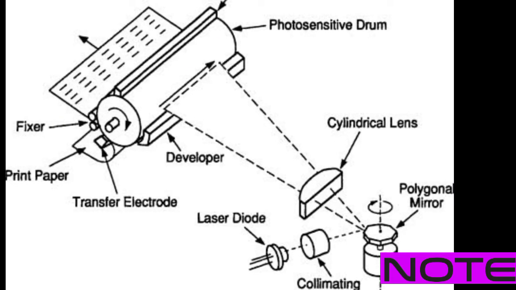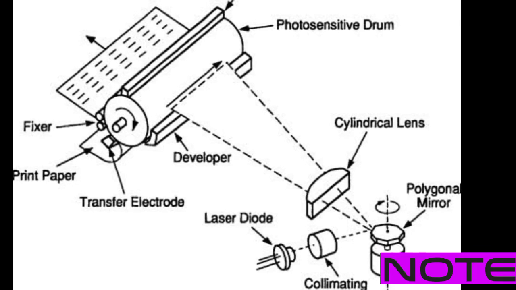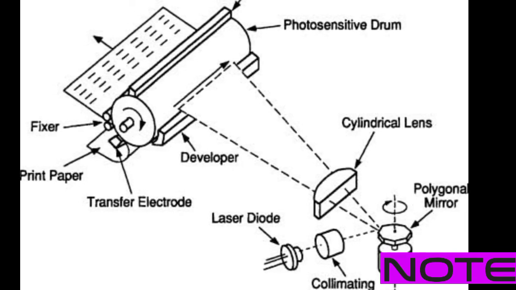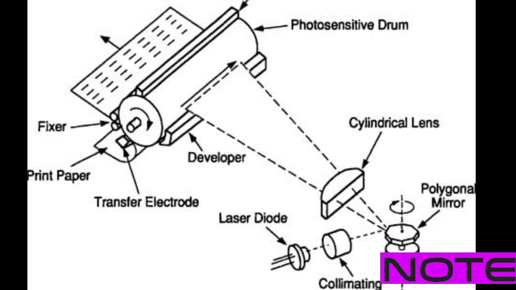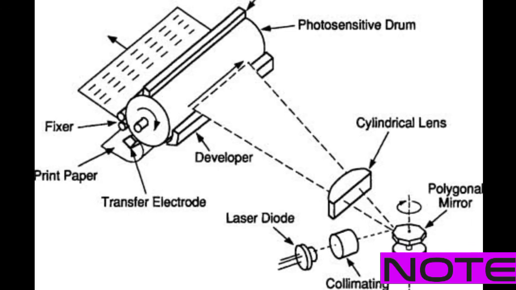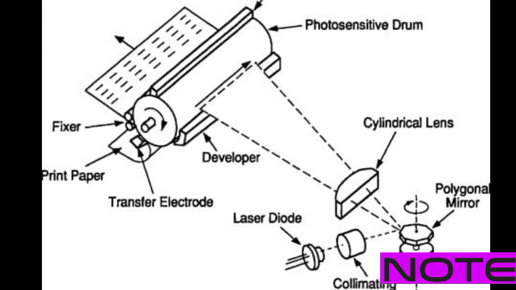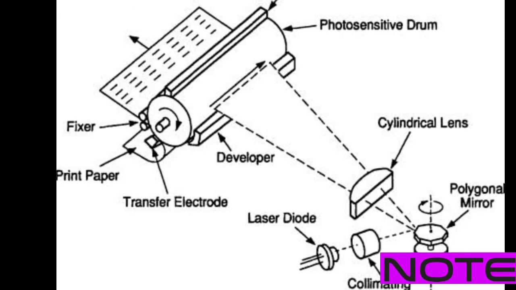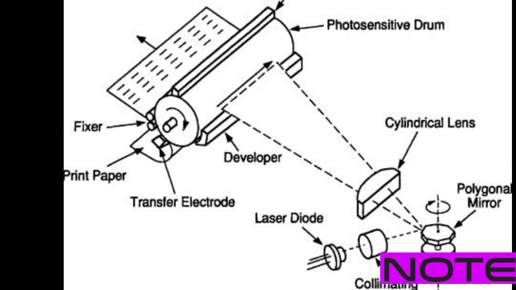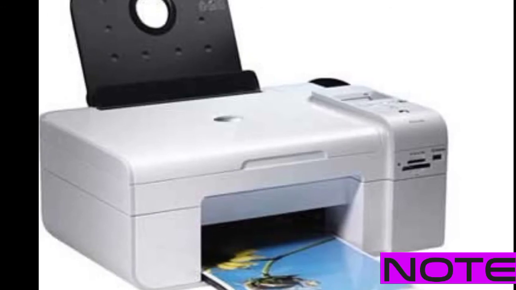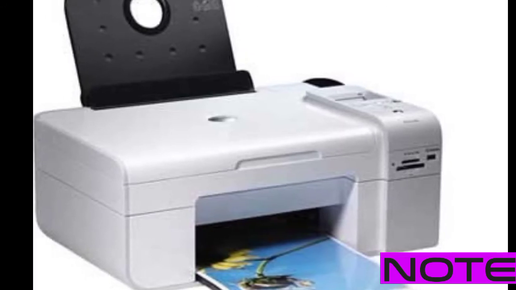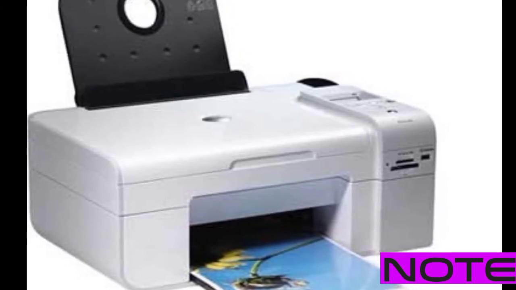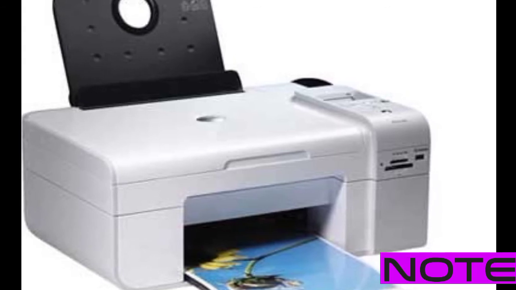Non-impact printer. Non-impact printers use thermal, chemical, electrostatic, laser beam or inkjet technologies for printing. There is no physical contact between the print head and paper. These are faster than the impact printer. In a non-impact type printer, the image is produced on the paper without the need for any impact hammer or ink ribbon.